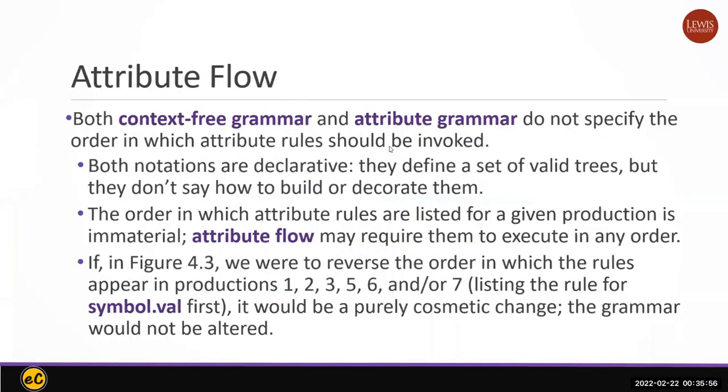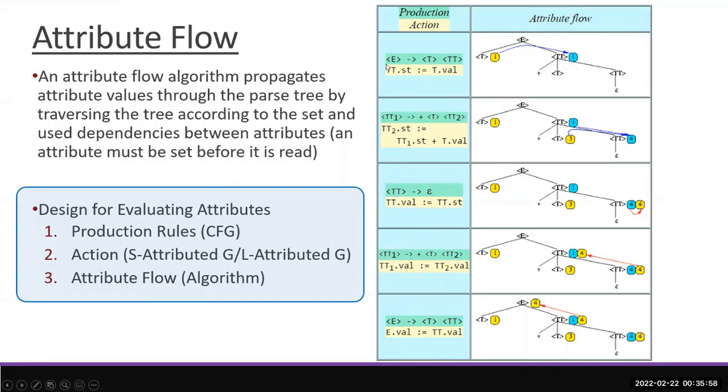So here we have E producing T and T tail, and then the T tail's subtotal would be assigned by the value of the T. So T passes to it. This one is an L-attributed value. The L-attributed value passes there.